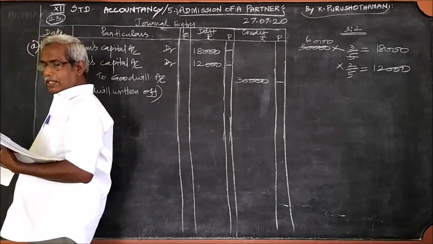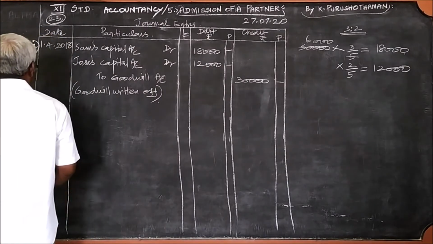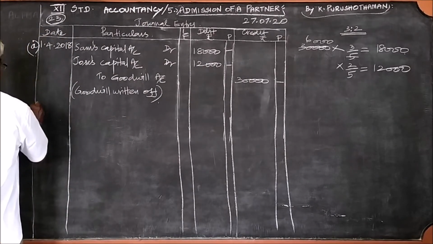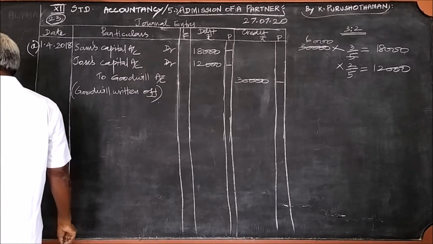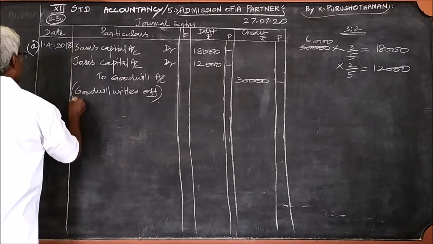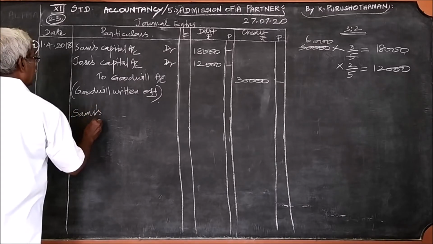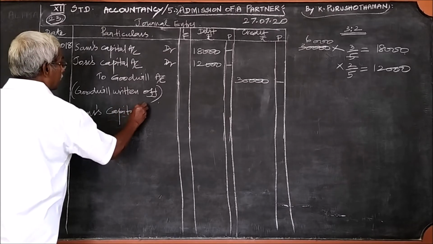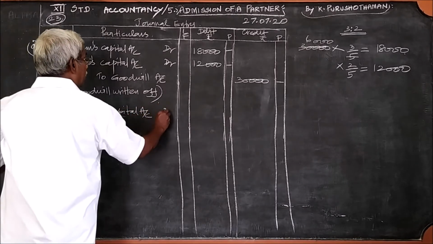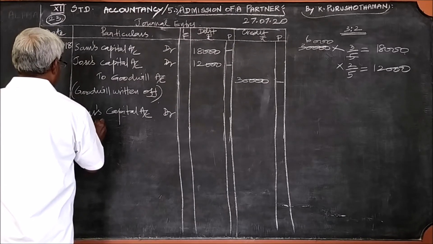This is in the case of division A. What about division B? Not the entire amount is written off, only 20,000 is written off. The same thing: Sam's capital account debit, Joe's capital account debit.